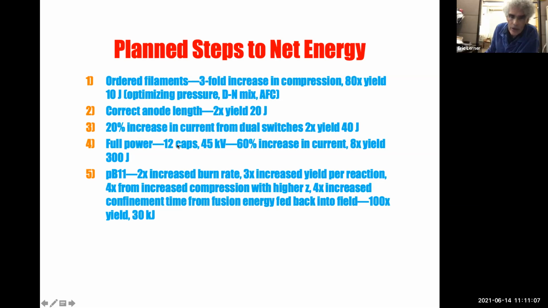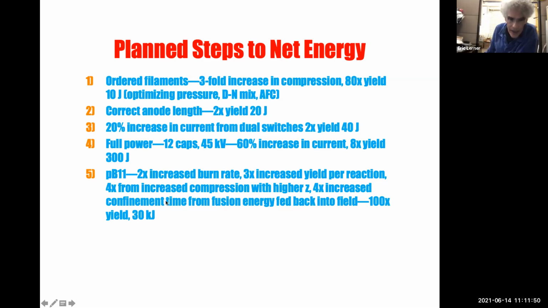If we go to the full power configuration, which takes a lot more work because we have to put on 8 more switches, 8 more cables, quite a bit of manufacturing and assembly, we go up to full potential, then we get a 60% increase in current, and that would give us 8 times more yield, 300 joules with deuterium as the fuel.